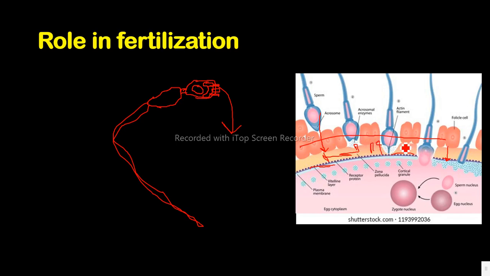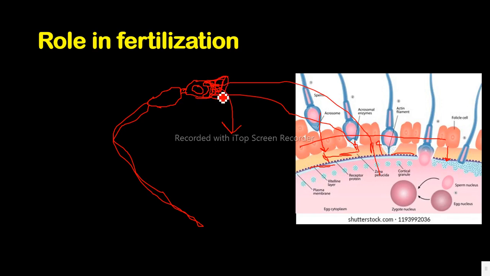So when this sperm cell reaches the ovum, the receptors on the sperm cell bind to the receptors of the ovum, and the binding of these receptors depolarizes the membrane. And when you depolarize the membrane, you release calcium ions into this sperm cell.